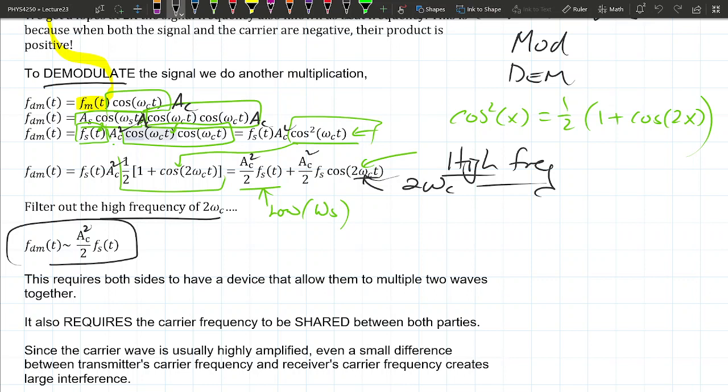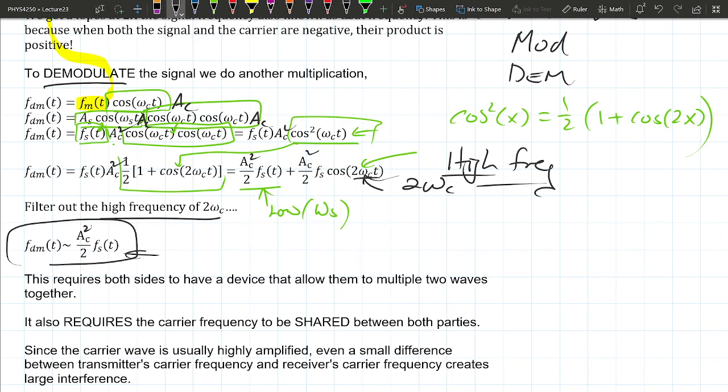Maybe you'll lose a factor of 1,000 in amplitude, but then you can amplify it using the stuff you guys already know how to build, which is just op-amp amplifiers. So that's why op-amps are essential in order for you to receive these signals.